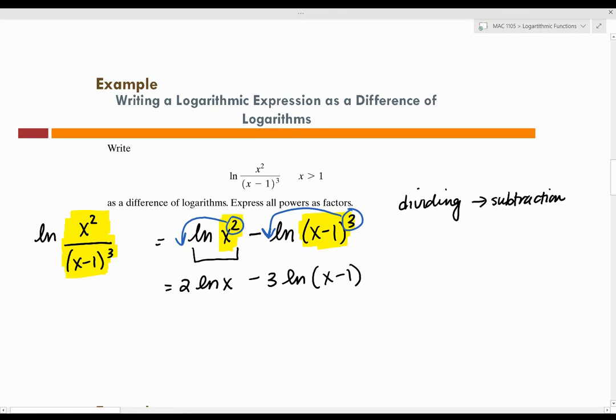Then I look in that argument and see if I see any multiplication, any division, or any exponents. I don't, so I've completely expanded my answer. So we're done.